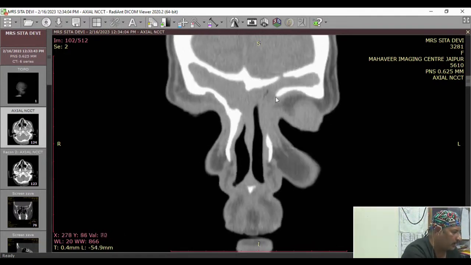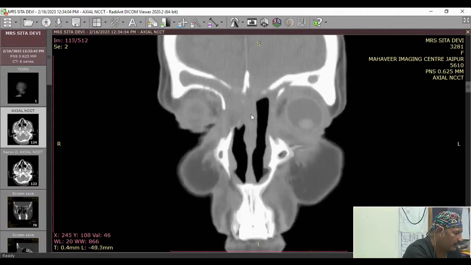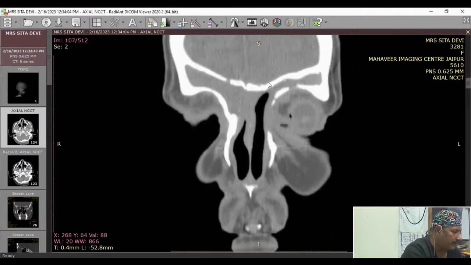We'll remove the floor of both the frontal sinuses completely so that our topicals will reach effectively inside everywhere in the frontal sinus. So that is our first procedure. Let's see what it turns out to be. Don't be frightened by these bone erosions that can happen because of the ongoing disease. The bone erosion and neosteogenesis both are part of the inflammatory process, and that can happen.